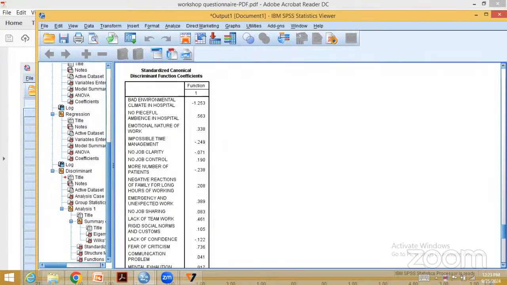But in the interval scale, maybe a 5-point scale or 7-point scale, if you put 5 for a particular level or 7 for another level, this is the highest one. Rank 1 means 1. Score 5 means 5.